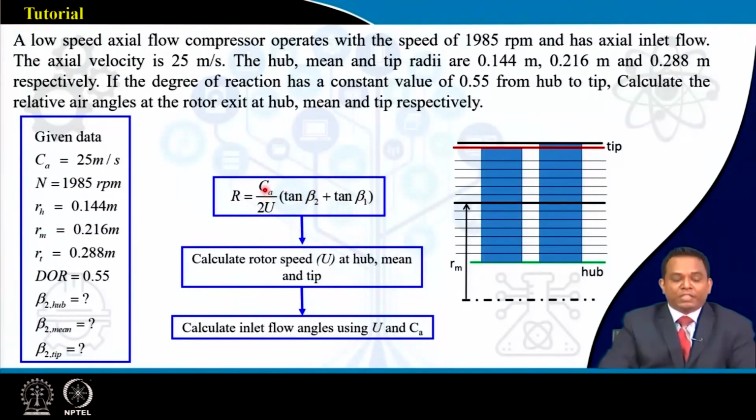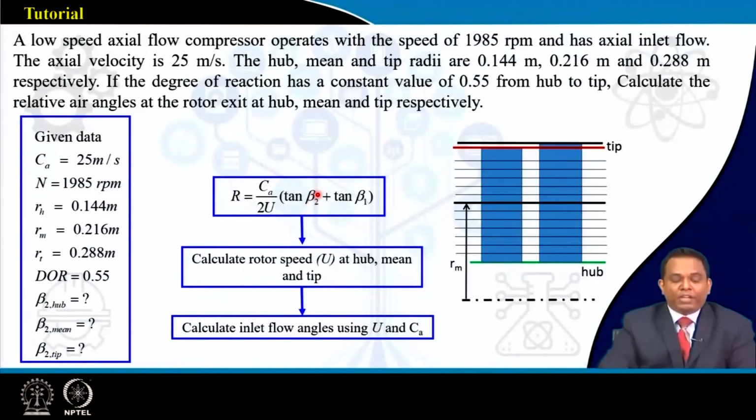For this case, the axial velocity is given and we assume it is constant. The peripheral speed at different stations, hub, mid and tip section, depends on the radius, so we need to calculate that parameter.